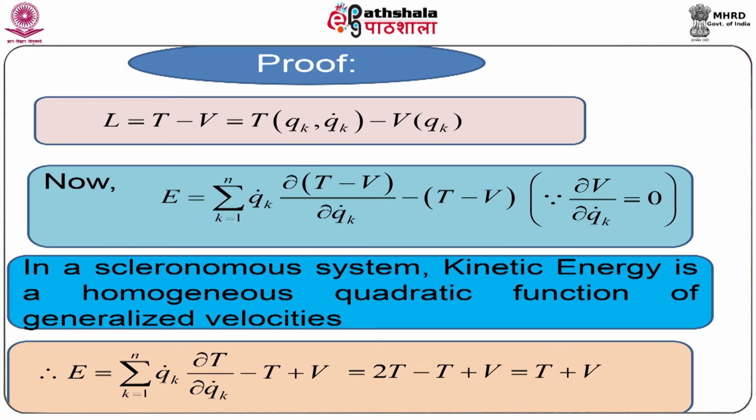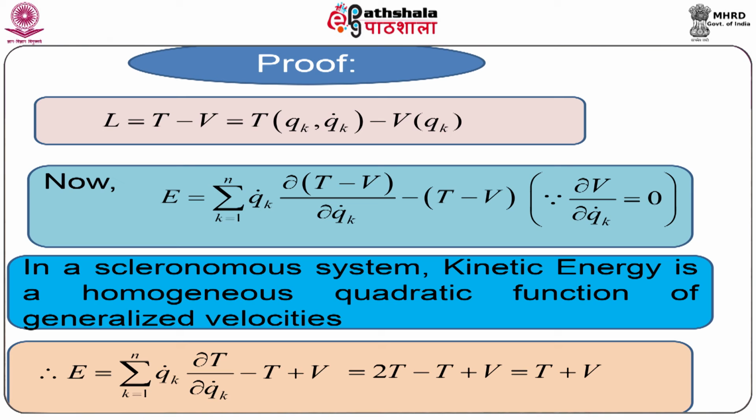Now, E equal to summation over k qk dot del L del qk dot, where L has been replaced by T minus V, minus L, where here also L has been replaced by T minus V, and we get this result. Since del del qk dot operated on capital V equal to 0, we can write this equation.